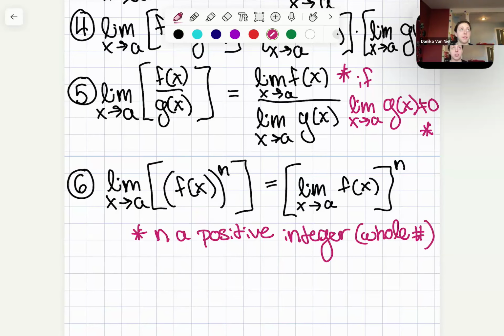So the integers are 0, -1, -2, -3, and so on, and 1, 2, 3, and so on. So positive integers are 1, 2, 3, and so on. Because if n was negative, we'd also have to worry about the limit being non-zero, but I didn't mention that. We can just use our division rule there.